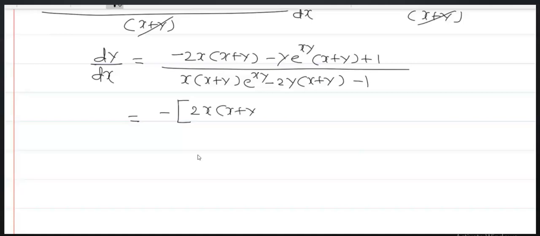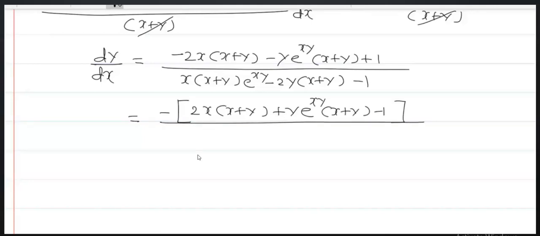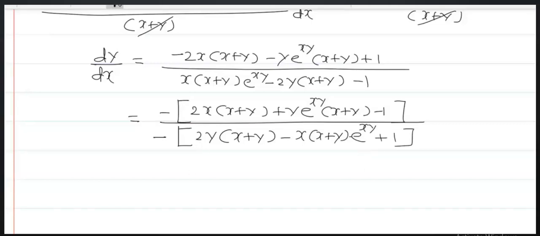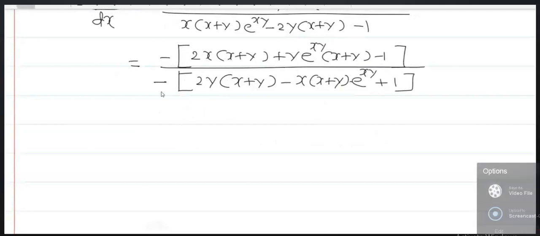If we take the minus sign common from the numerator, then you will get 2x (x plus y) plus y into e raised to xy into (x plus y) minus 1 upon, again if we take the minus sign from the denominator, minus, here is a minus in bracket 2y (x plus y) minus x into (x plus y) e raised to xy, and this is the minus 1.